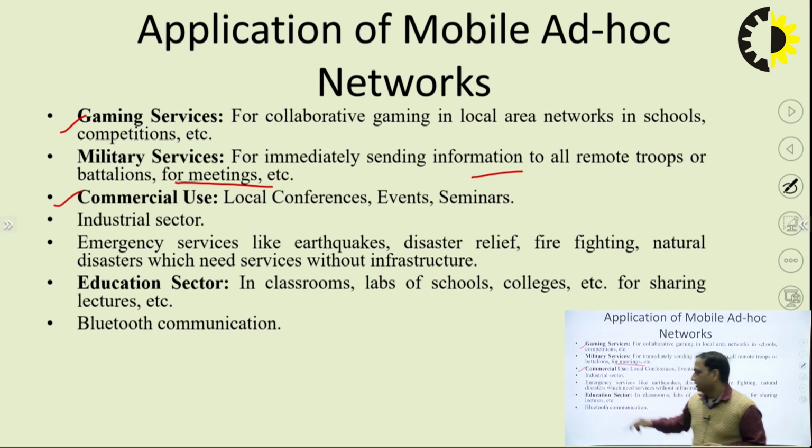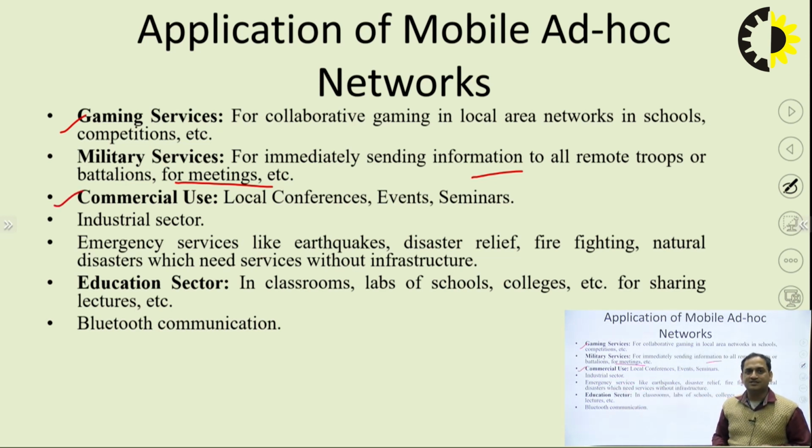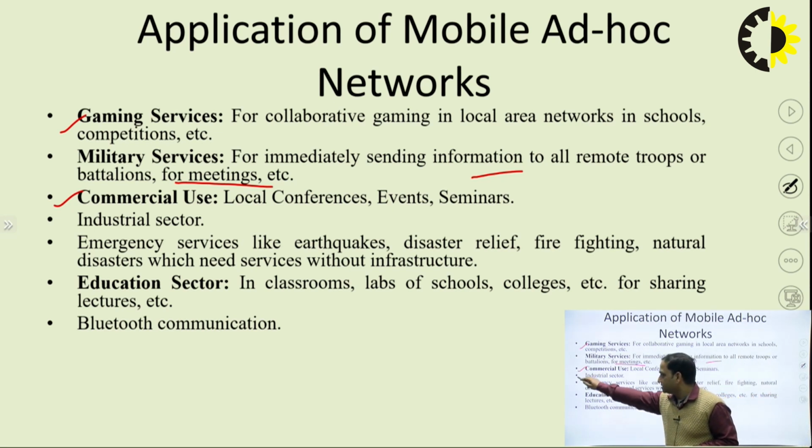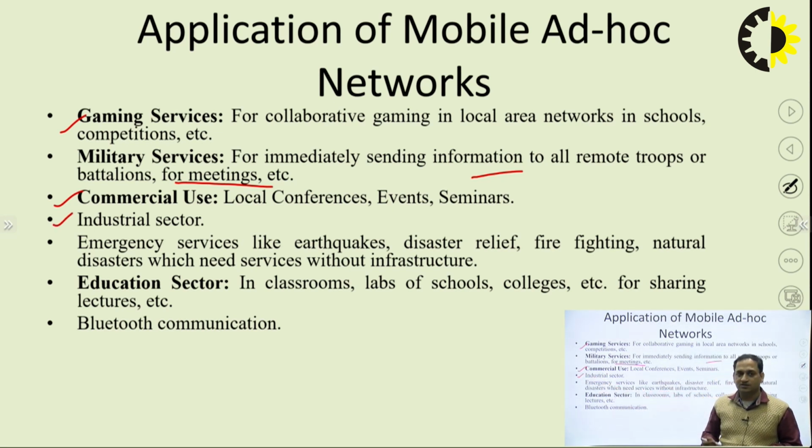Commercial use: local conferences, events, and seminars can happen through this. So the MANET system or architecture can be used to facilitate these local conferences, events, seminars, etc. The industrial sector is another sector in which the MANET system can be used.